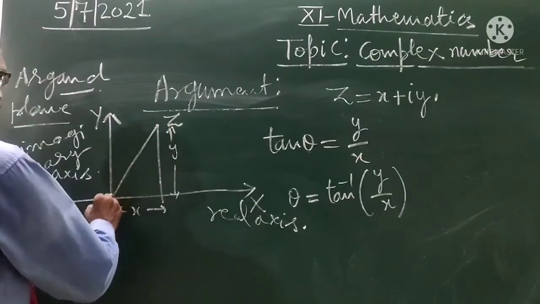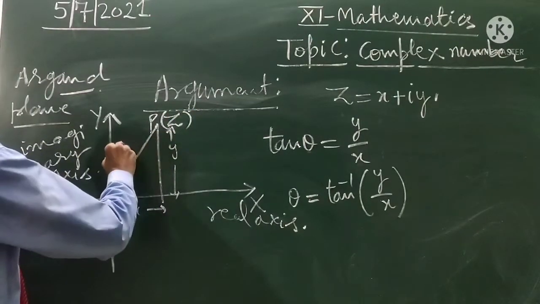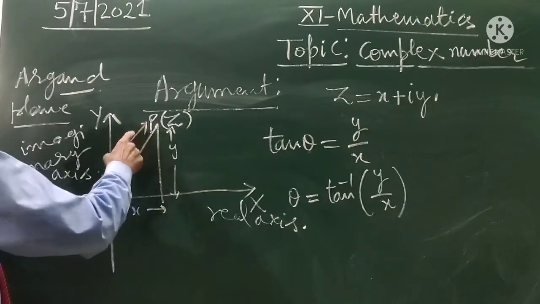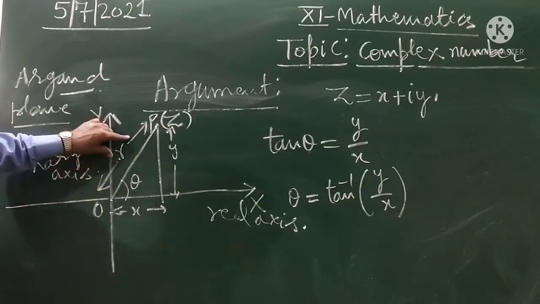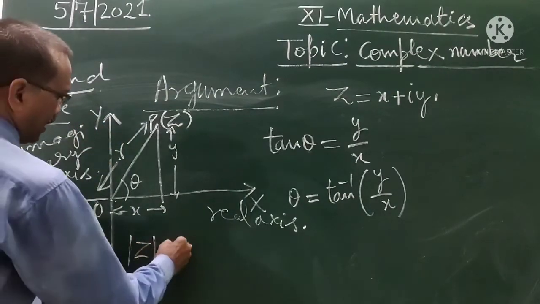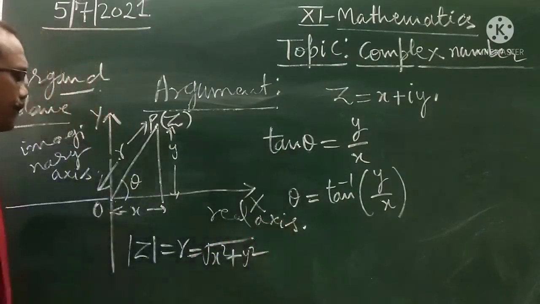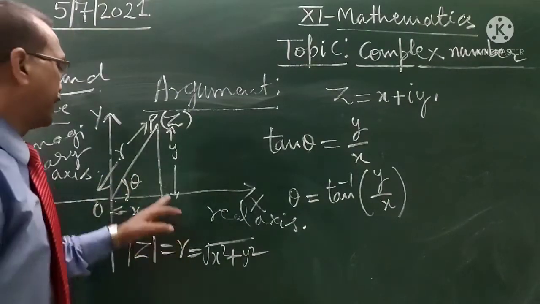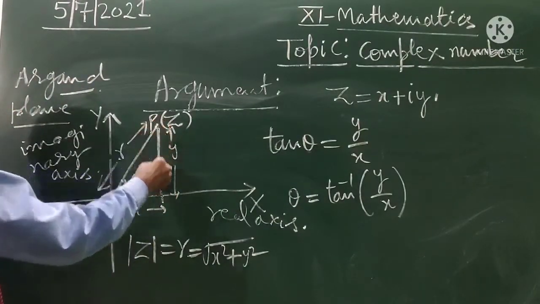Then this value OP, where P is a point, is called r. Argument is theta and OP, this distance, is called modulus of the complex number. So mod z equal to r, its value root x square plus y square. And argument is this angle theta, where in this triangle tan theta equal to perpendicular upon base.